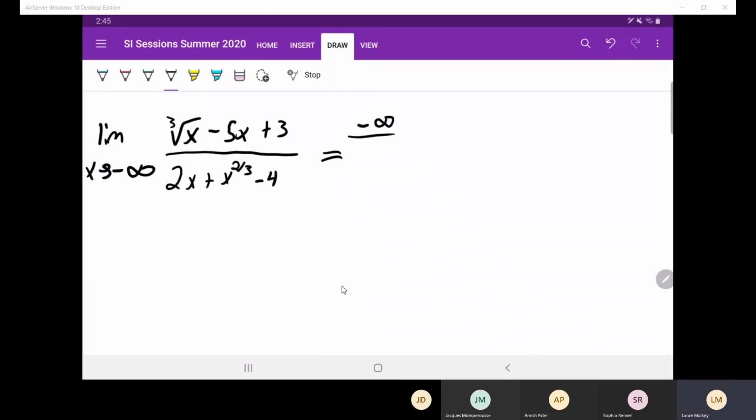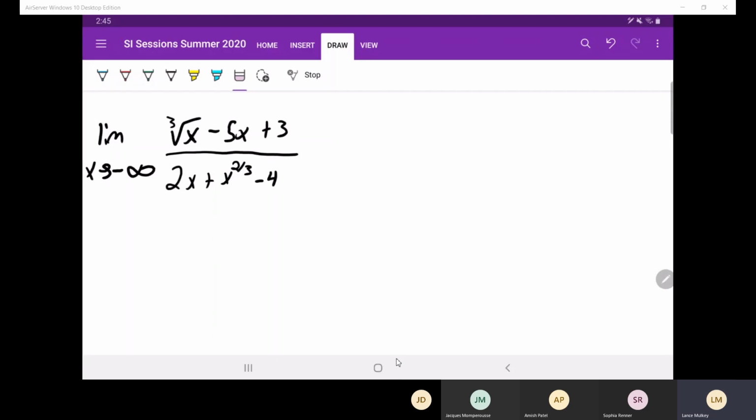Actually, no, it's an infinity over infinity. It's funky. Can't even plug those in because you'll have negative infinity minus negative infinity. So that'll be negative infinity. Then you have infinity, negative infinity plus infinity. So you can't even plug those in. So we're going to try to cancel something out.